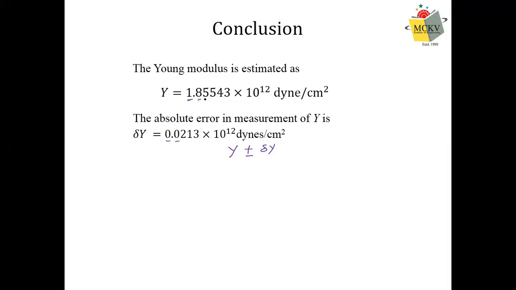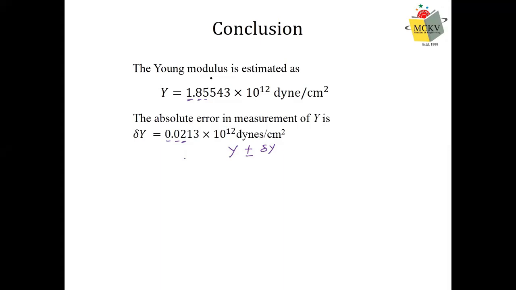But the second digit, that is 5, when you are adding or subtracting 2 with or from 5, will be affected. Therefore, all the other digits after that digit will also be affected.